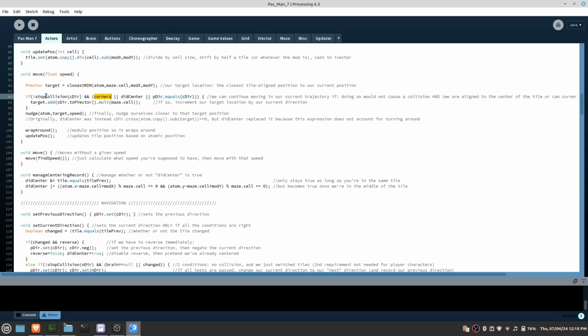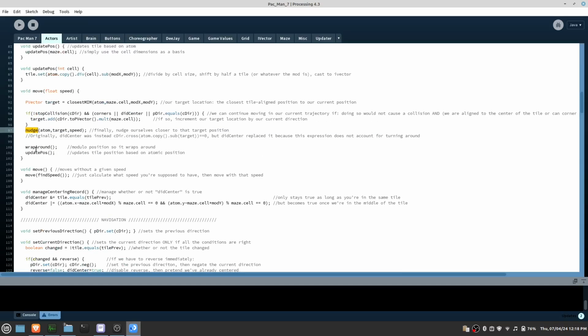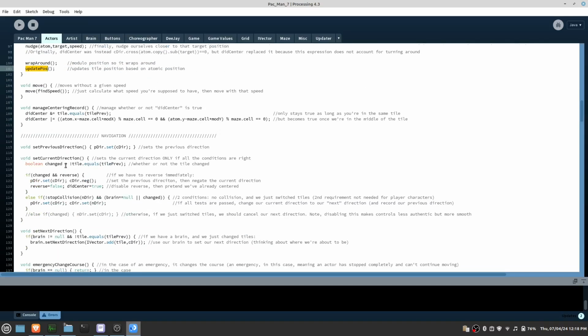After that, you look in the direction you're currently going in, and you perform some tests, such as making sure that going there wouldn't cause a collision, as well as some other stuff involving the mechanics of the game. And then, if you're allowed to, you change that target tile to be the tile right in front of you. Finally, you try to move towards the center of that tile, and then you wrap around and update the tile position.